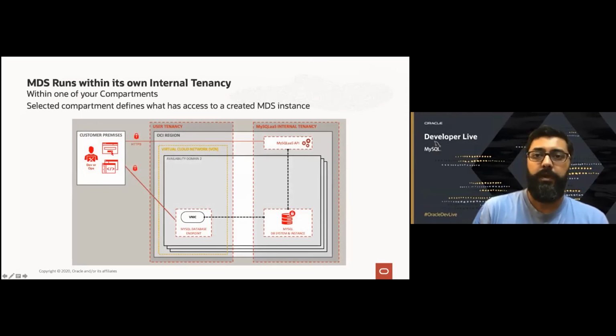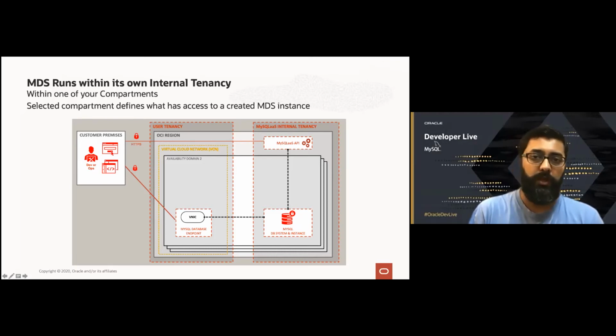So moving on, MDS runs in its own tenancy, which is a very restricted tenancy. Any ingress and egress is highly restricted, and the policies are very stringent, protecting your database from any unintended access.